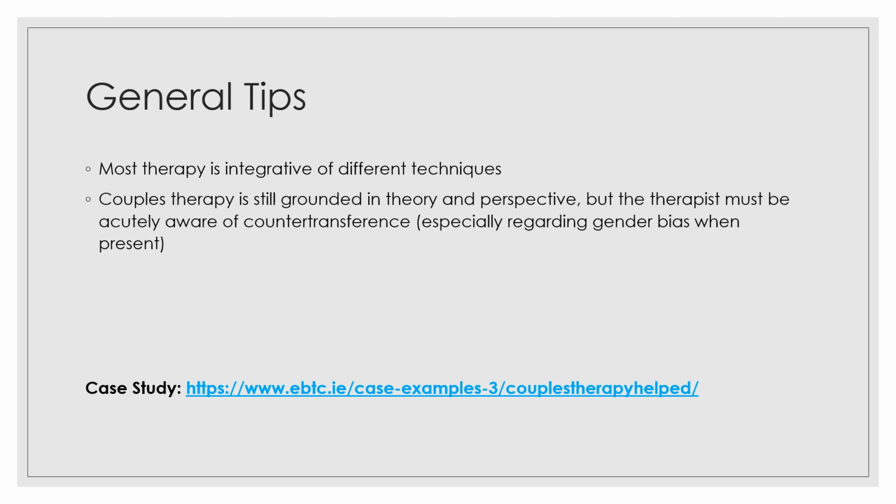Couples therapy is still grounded in theory and perspective, but the therapist must be acutely aware of countertransference, especially regarding gender bias when that is present. And that's nothing shockingly new for couples therapy, right? This is something we need to be cognizant of in individual therapy, group therapy, things like that.